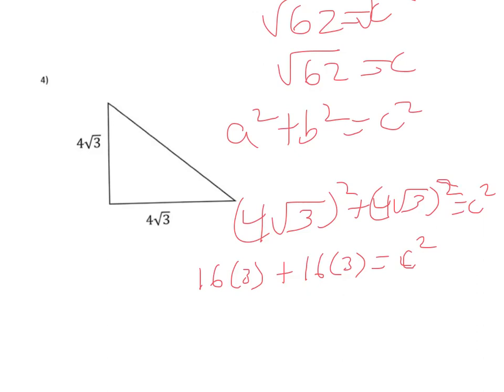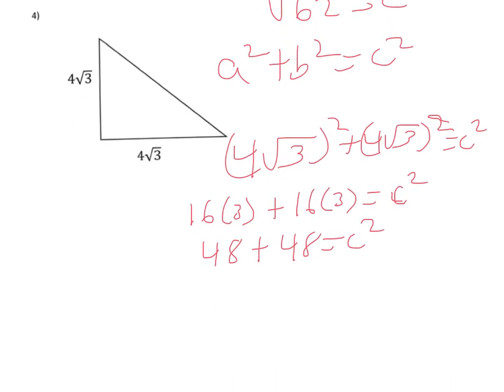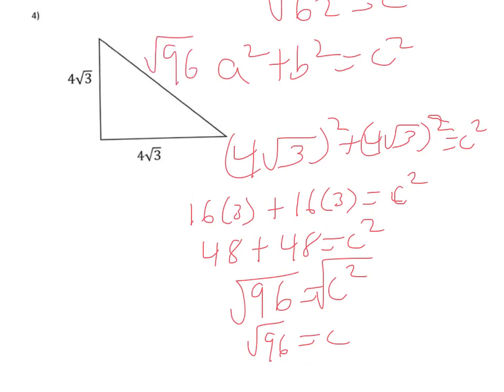Now, 16 times 3 is 48, plus 48 equals c squared. Therefore, we get 96 equals c squared. Take the square root of both sides, and we get the square root of 96 equals c. Let's plug that in. And now we want to find perimeter.